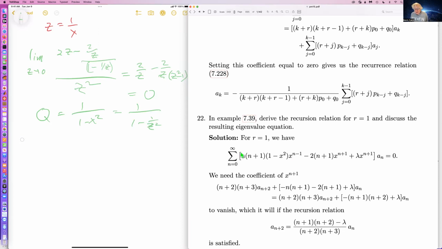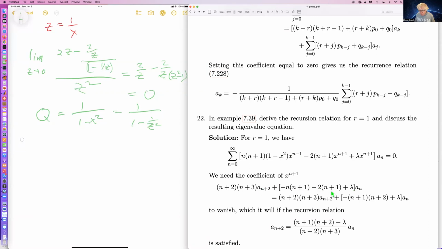And then you've got the minus x squared there, and that gives you this term. In other words, before you let n go to n plus 2, you've got, let's see, what do you have here? You have an n minus 1, and then you have an x squared.